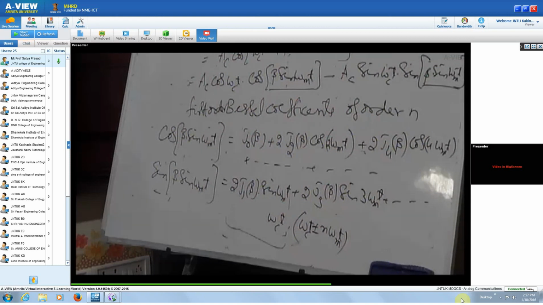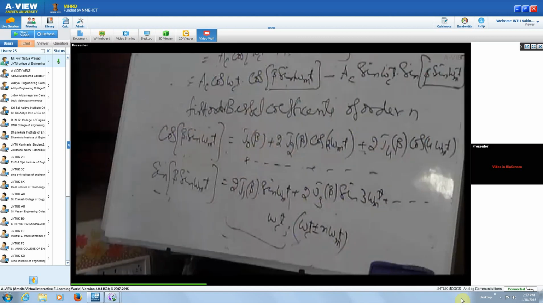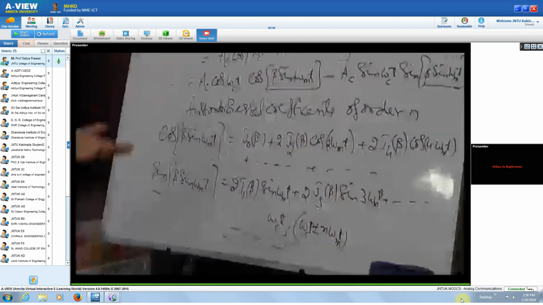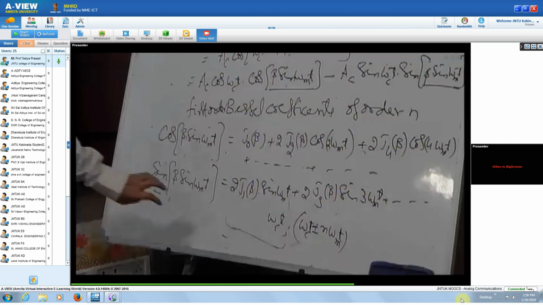Theoretically, we want to have infinite bandwidth for 1 FM signal. But if you say that for only 1 FM signal you are transmitting you use the entire bandwidth, then no use. Therefore, we should have some restriction on this, how to get the required bandwidth for your FM signal.